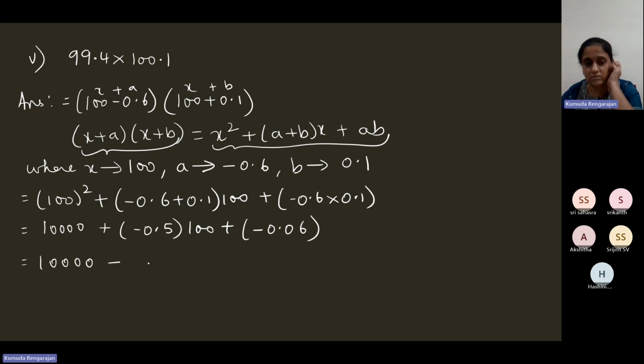Minus 50. 50 minus 0.06. What is 10,000 minus 50? 9,950. 9,950 minus 0.06.